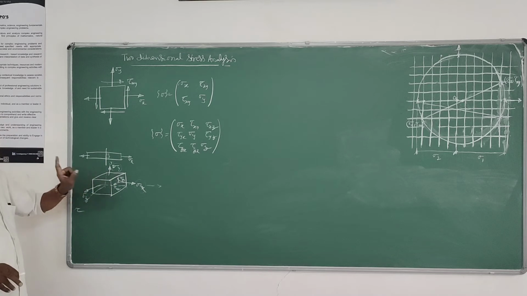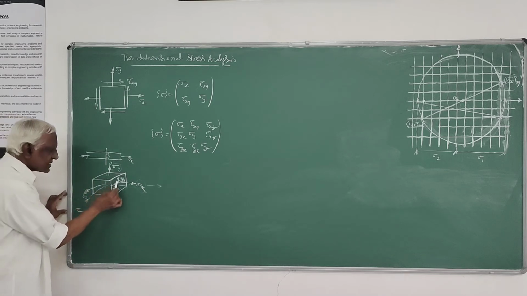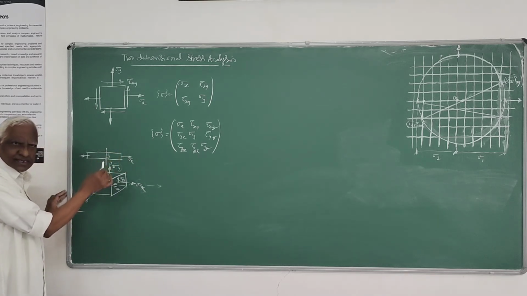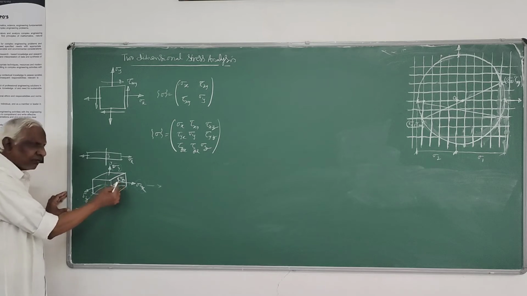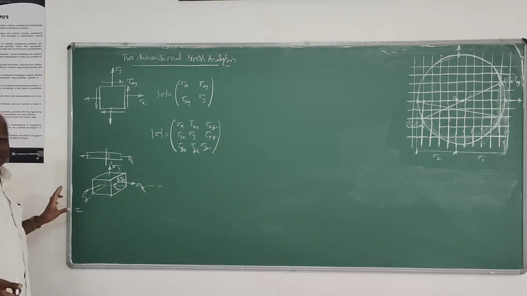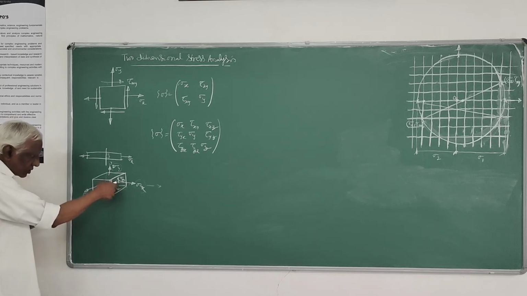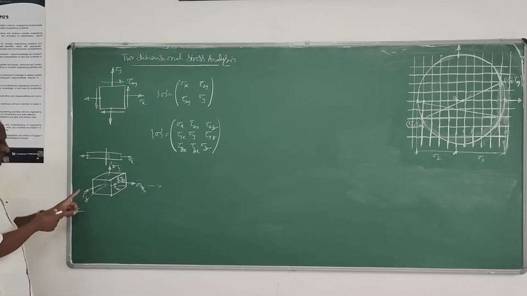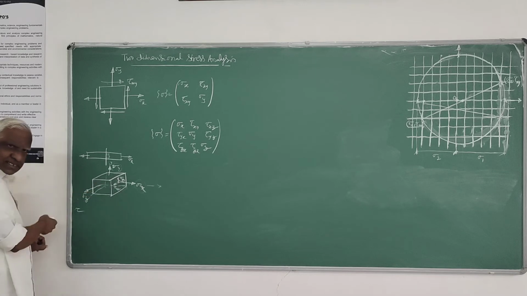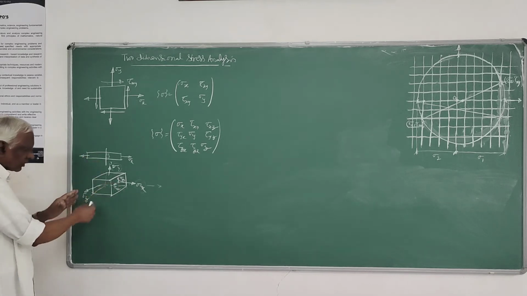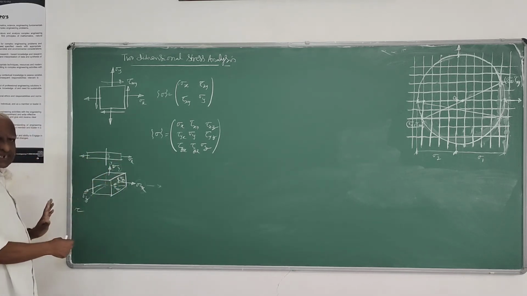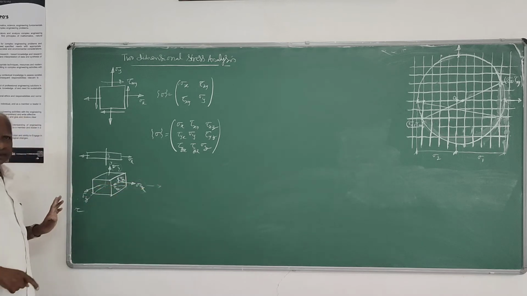Tau xy is nothing but shear stress in the direction of y-axis on a plane for which normal is x direction. Similarly, tau xz is the shear stress along z-axis. Here it is y, here it is z. Y and z are the tangential stresses for normal x. So that is the notation we use.